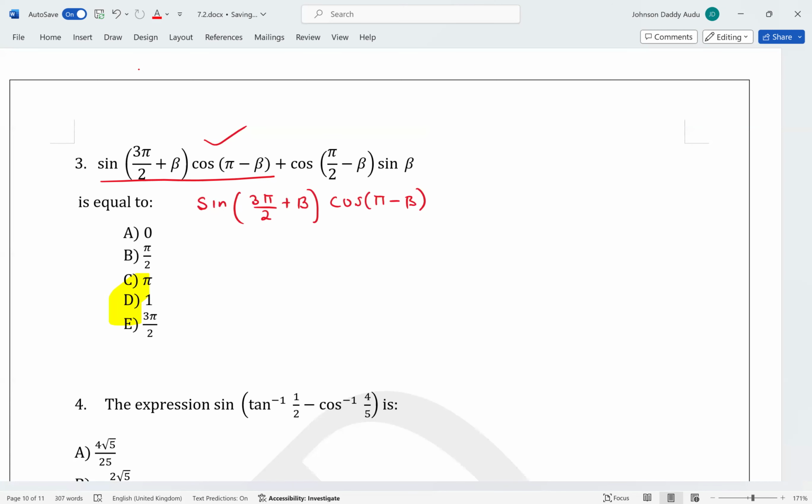Since they are not exactly the same, what can we do? Can we make them the same? Yeah, we can actually do something, but let's see which one.